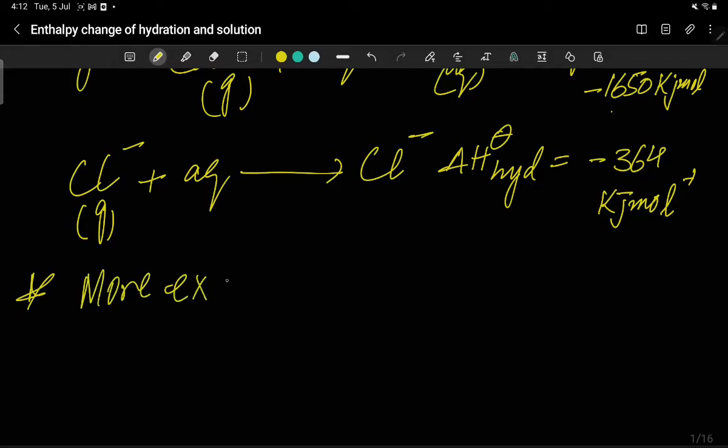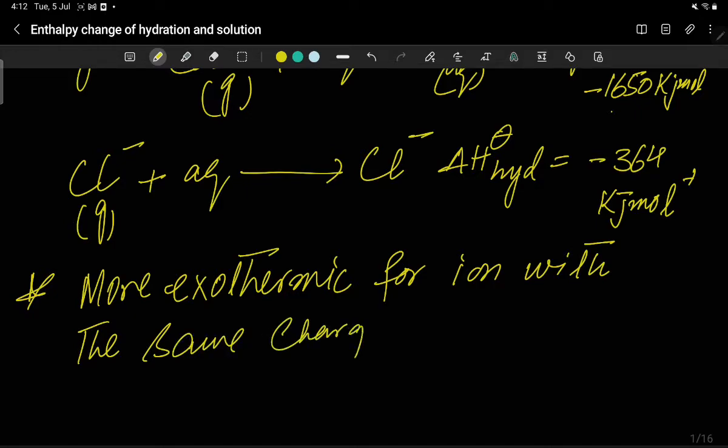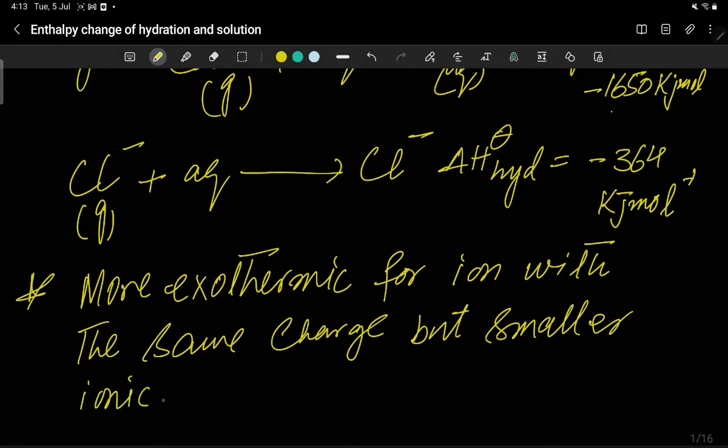More exothermic for ions with the same charge but smaller ionic radii.